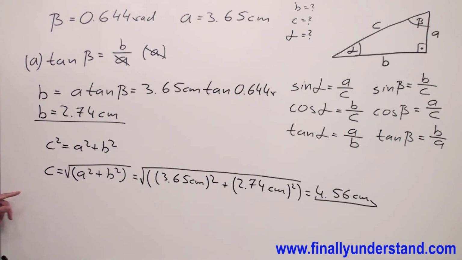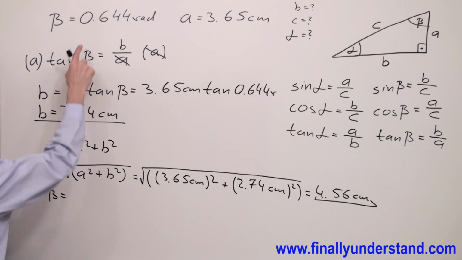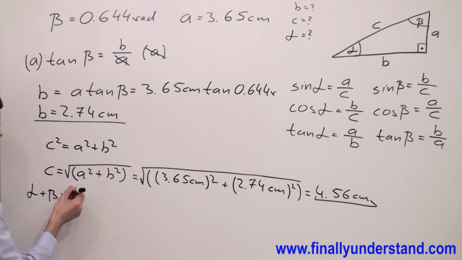In order to find angle alpha, you're supposed to remember that alpha plus beta is equal to 90 degrees, but this time we talk in terms of radians, so 90 degrees converted to radians is equal to pi over 2. In order to find angle alpha, I'm supposed to move beta to the right side of my formula.